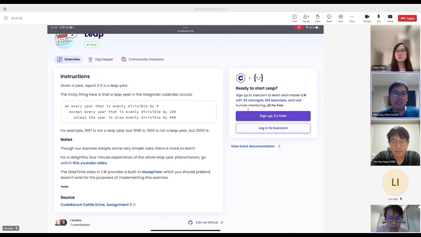Because it is divisible by 4. And then we can check if it is divisible by 100 because 1900 is divisible by 100, then it may not be a leap year. So we have to check the third condition, which is divisible by 400. 1900 is not divisible by 400, so it is not a leap year.